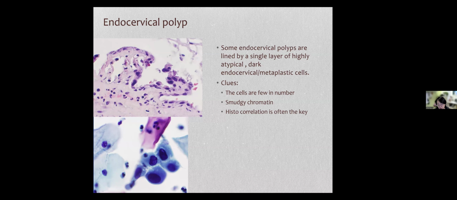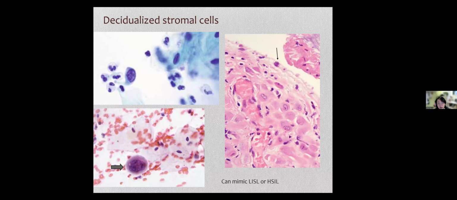So just keep that in mind in the differential. And decidualized stromal cells can mimic either LSIL or HSIL. On the left-hand side, you can see the high NC ratio and it can mimic HSIL, but just check the patient history and avoid those diagnostic pitfalls.